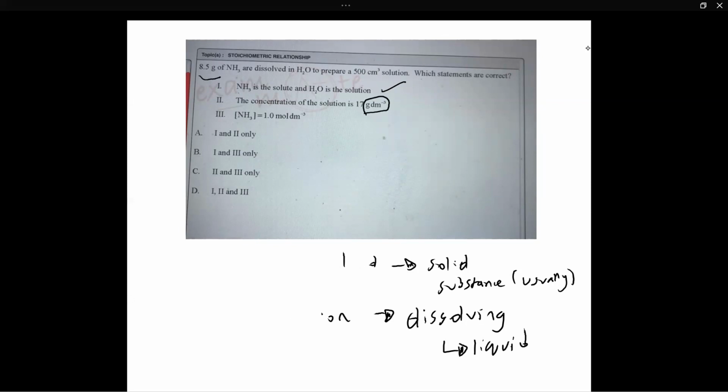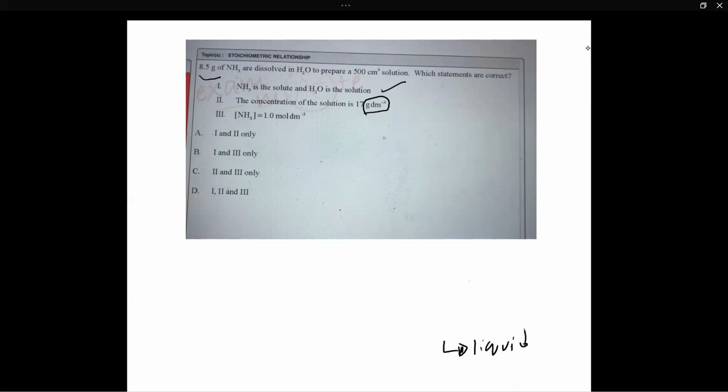So to determine its concentration, all we have to do is divide the mass of NH3, which is 8.5 grams, by the total volume of the solution that we're dissolving it in. But the volume should be in decimeters cubed because that's what they have told us. If you watched my previous videos, I have explained that the conversion from centimeters cubed to decimeters cubed is done by dividing by 1000.